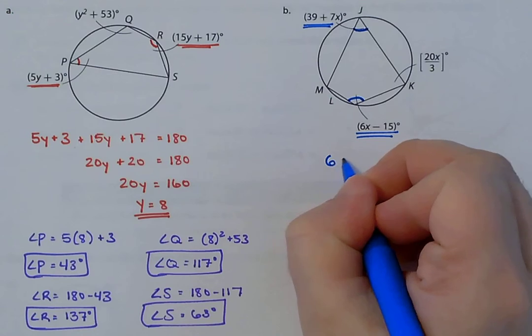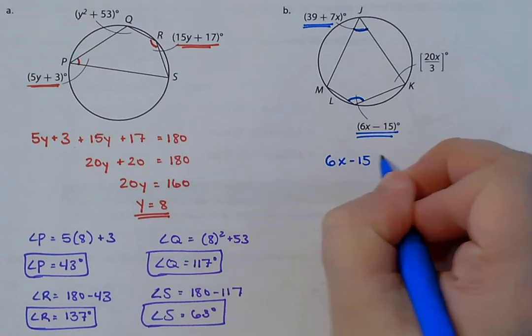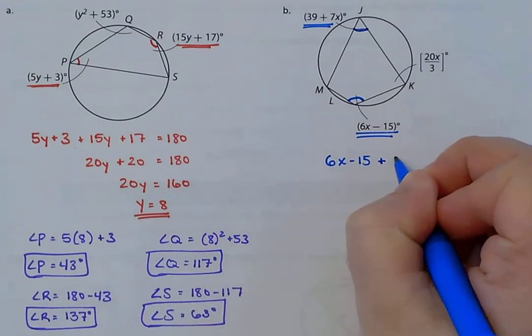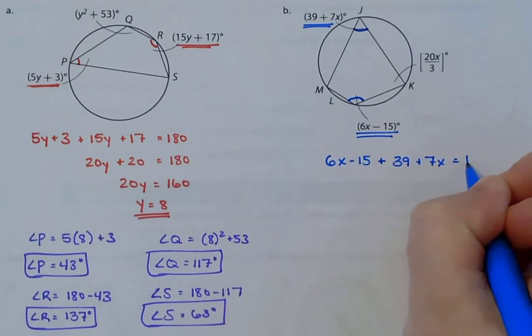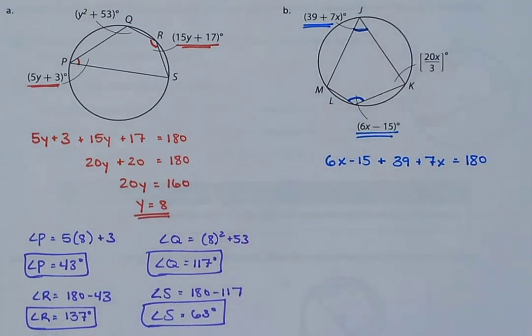So we're going to take 6x minus 15 plus 39 plus 7x, and we're going to set that equal to 180. All you have to do from here is solve for x, which means you're going to combine like terms.